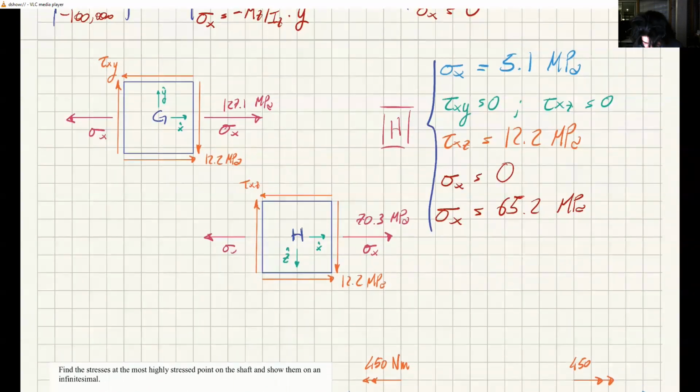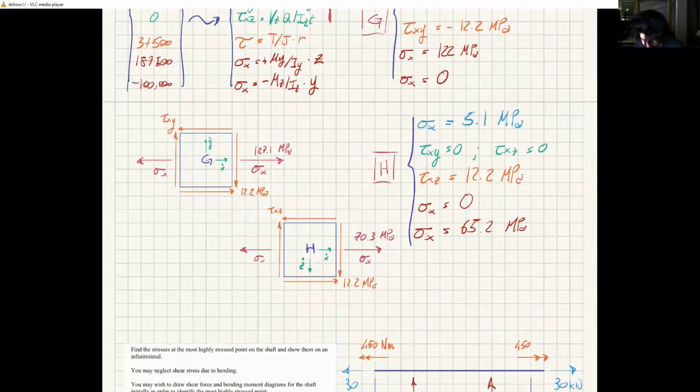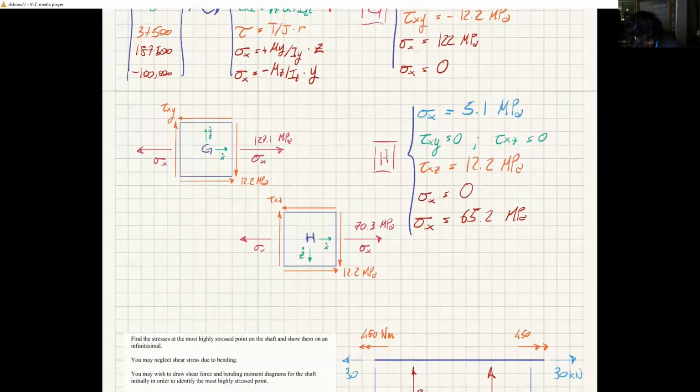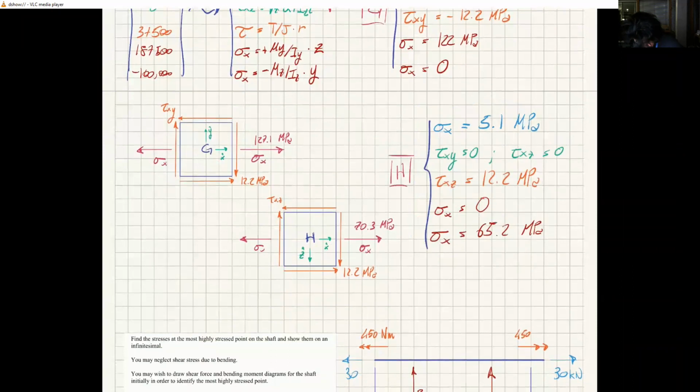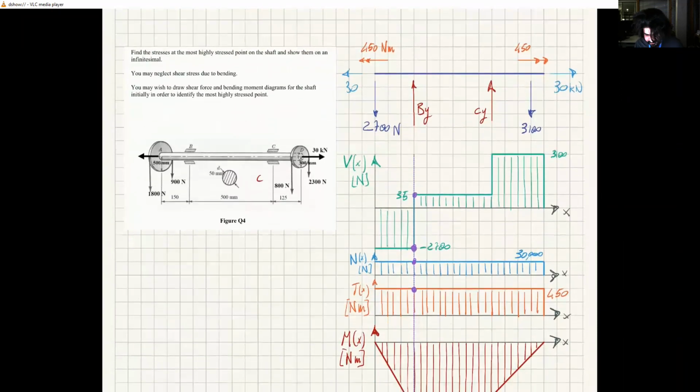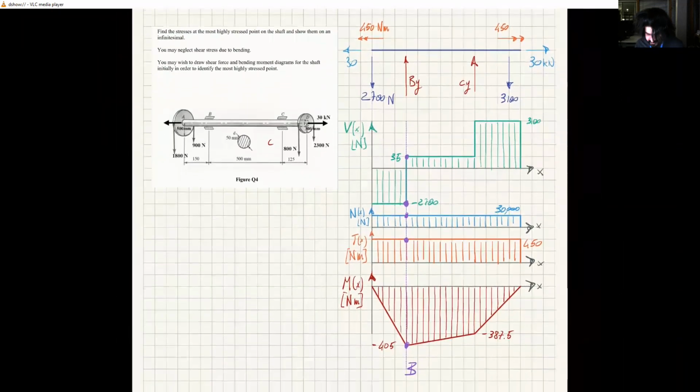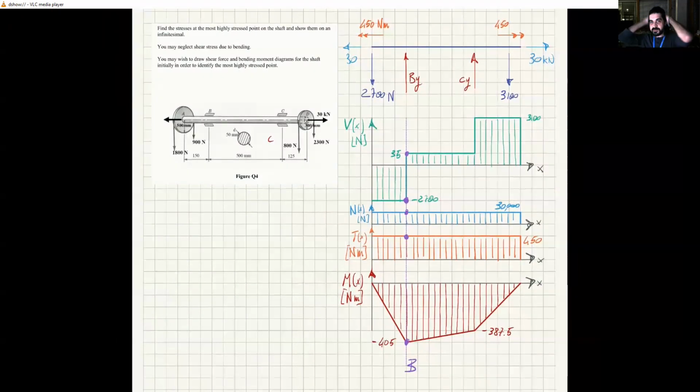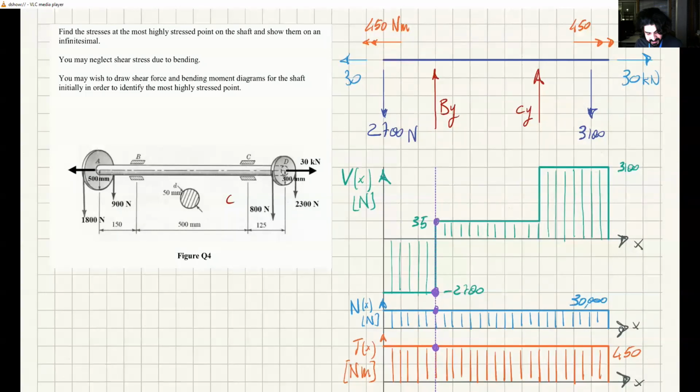Okay, this concludes question 3. Just rearrange this. Now here, I have already prepared the solution of this. And we want to find the stresses at the most highly stressed point on the entire shaft, and show them on an infinitesimal element.